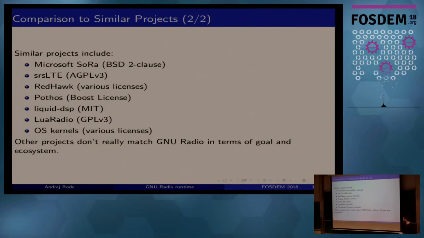It's not a finished list, but here are some projects that are pretty similar to what GNU Radio is doing. Sora and SRS LTE are pretty application specific. One is about Wi-Fi, the other one is about LTE, obviously. And there's some other stuff, but no other project really matches the goal of GNU Radio to have this generic processing, and also the existing ecosystem.